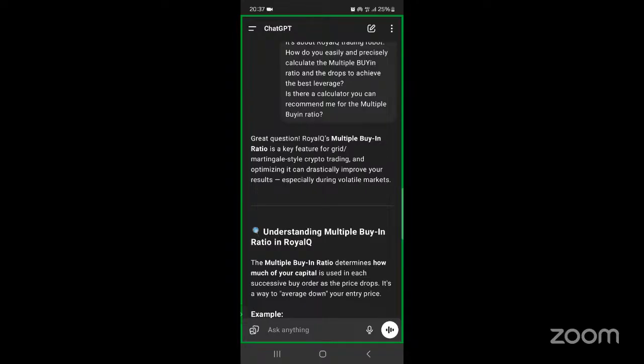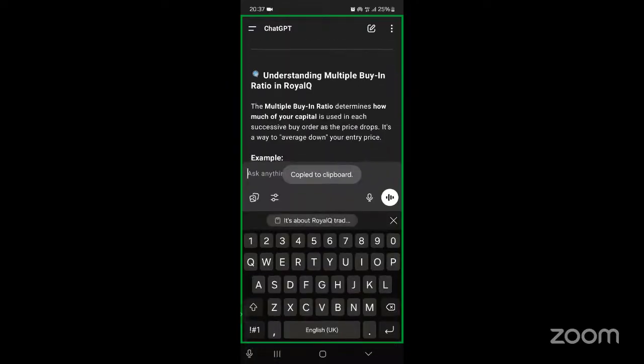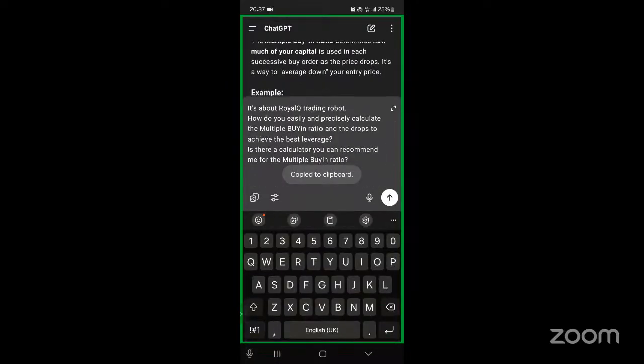Sorry, the best averaging. That was supposed to be averaging. Let me just put it again here, and it is going to break it down for us.